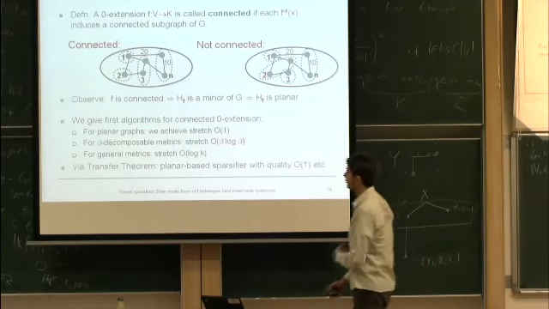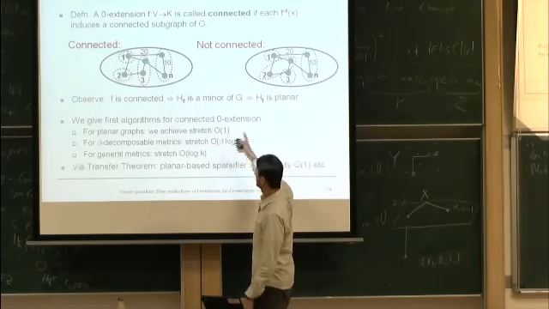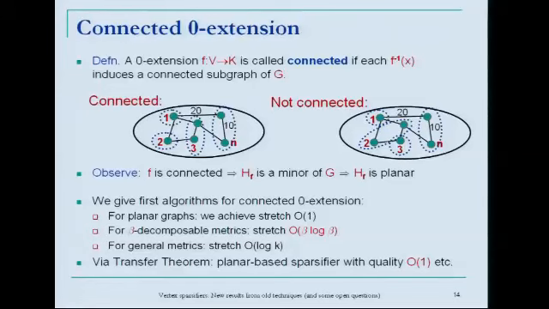And we indeed give algorithms, the first algorithms that design or produce connected zero extensions. For planar graphs, we can do this and still achieve stretch which is constant. If you know what beta decomposable is, it's a tool in these embeddings, then we can get something with a slightly extra log beta factor.